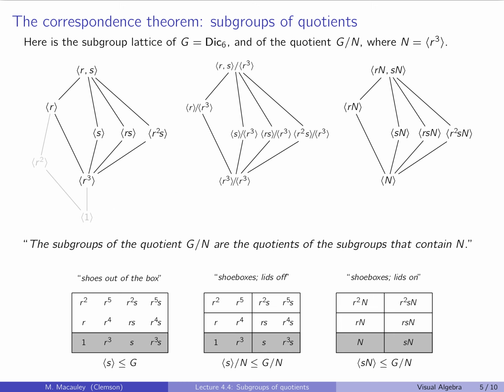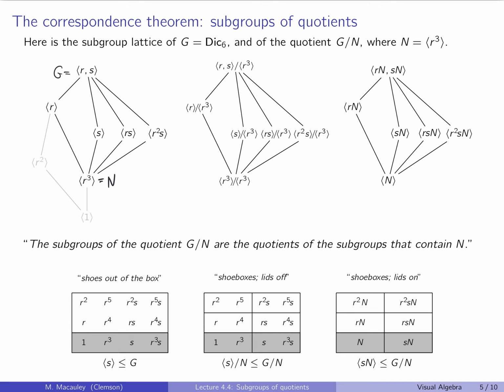Here's that same example, but using subgroup lattices to illustrate the main ideas. I think this just adds extra intuition. On the left, we have the subgroup lattice of the group G, that's the dicyclic group, and this is the subgroup N, the one that we are quotienting out by.